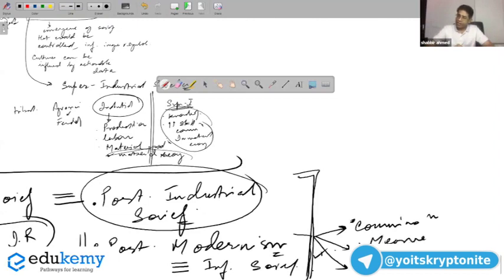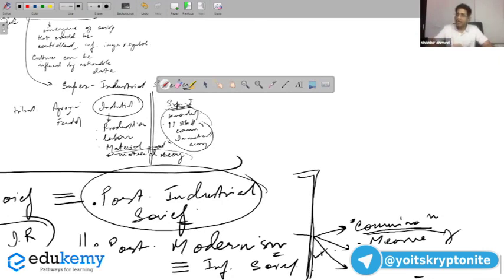Our measures of wealth have changed. And very importantly, it has impacted our social relations. In the post-industrial society, in postmodernism, in the information society, we are saying three things have changed. Our communication forms and mediums have changed.